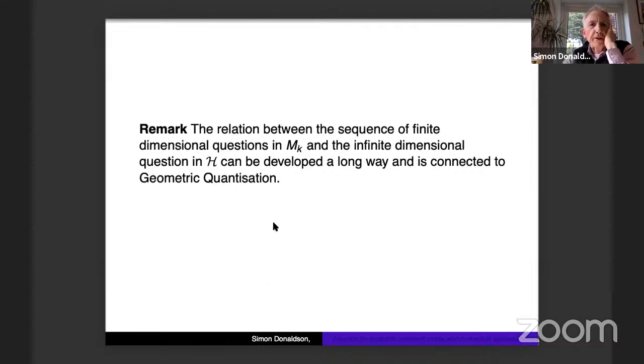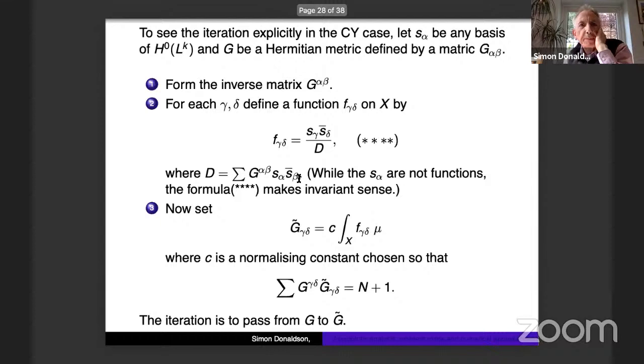And there's a connection with geometric quantization, in that the space of sections can be thought of as the Hilbert space associated to the symplectic manifold given by our Kahler manifold, and the inverse of the parameter k plays the role of Planck's constant. But let's not go into that here.